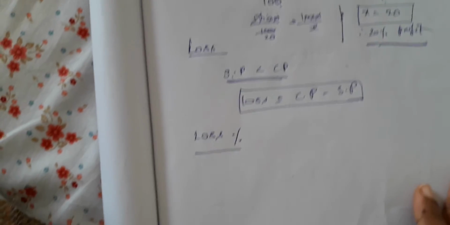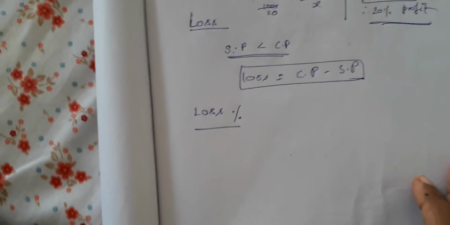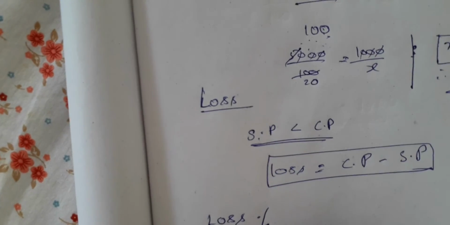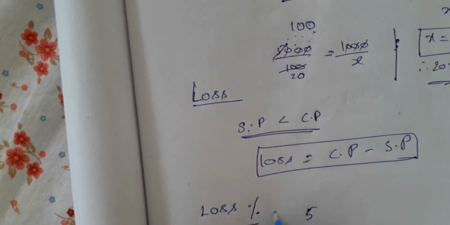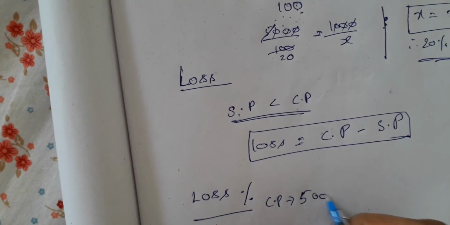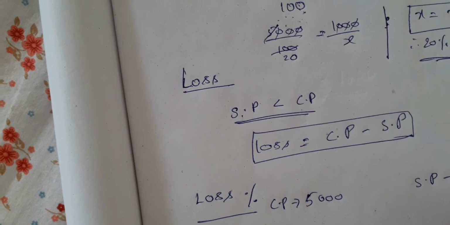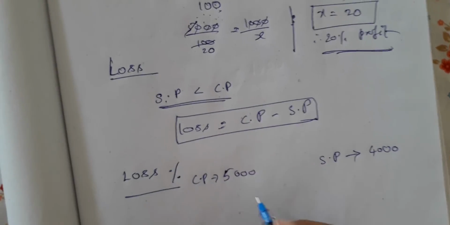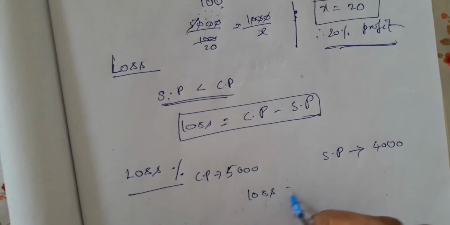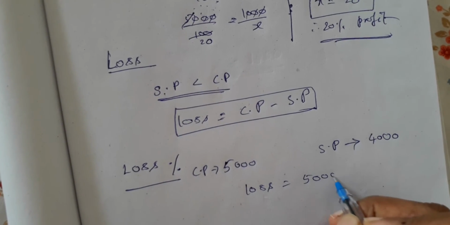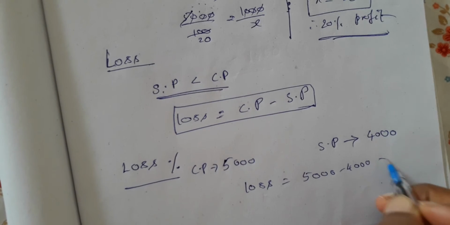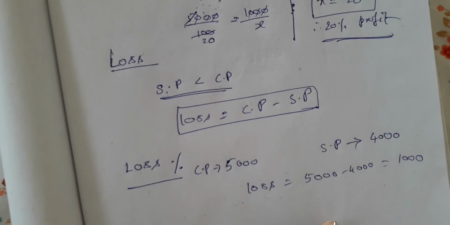Now loss percentage. Same thing. Let us suppose the cost price is 5,000 and you are selling it for 4,000. Selling price is 4,000. So what is the loss here? Loss is equal to cost price minus selling price, which is 1,000.